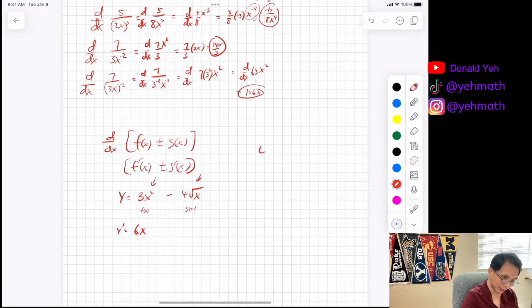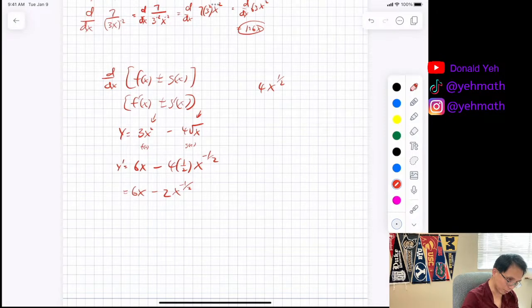But before that, I cannot take a derivative, right? So that's going to be x to the 1/2. Now I'm going to do 4 times 1/2 times x to the what? Then that's going to be 6x minus 2, x to the negative 1/2. Now Elaine says, why do I always move it to the bottom? Because I don't like negative exponents. So that becomes like this.